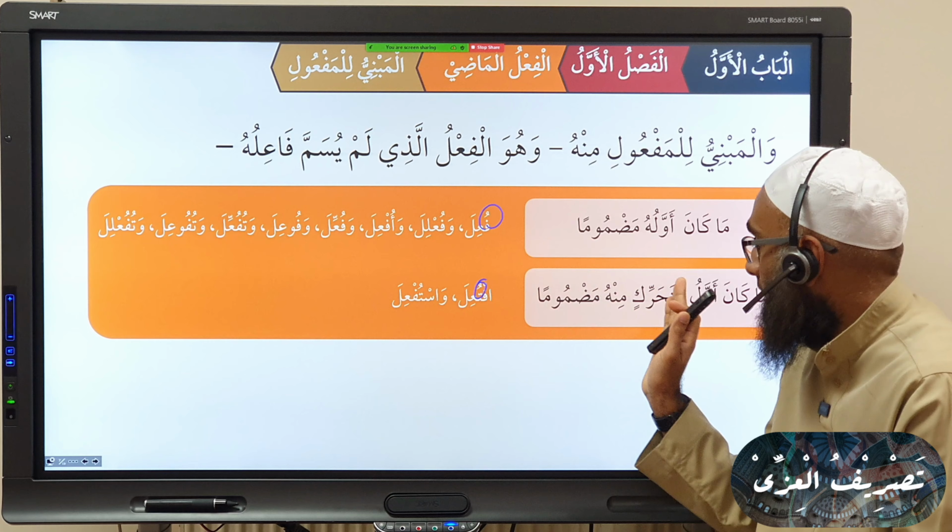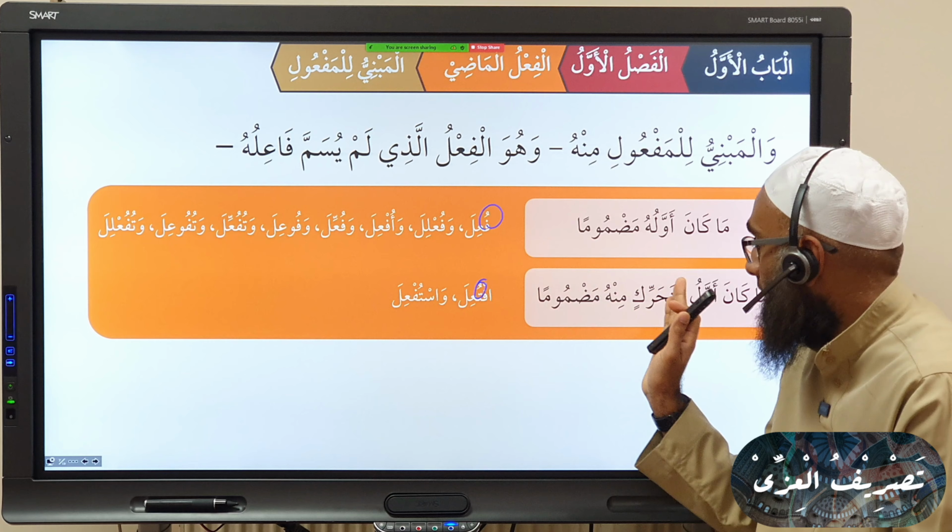So it means that it has been made, formed or molded. What has it been molded for? For the fa'il. And minhu refers to al-madhi.